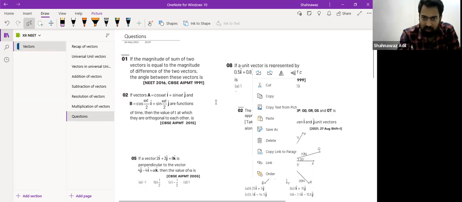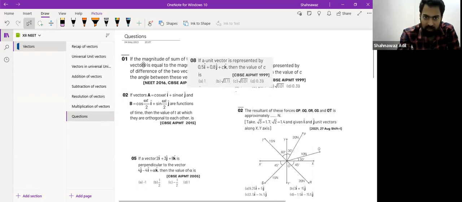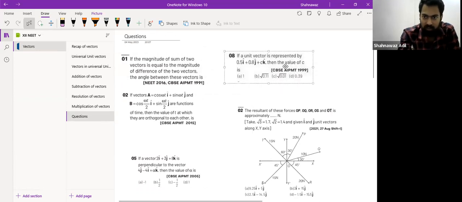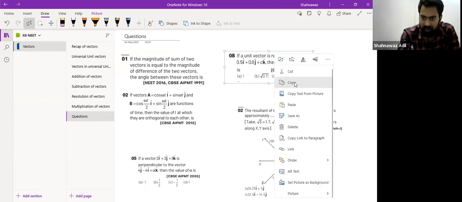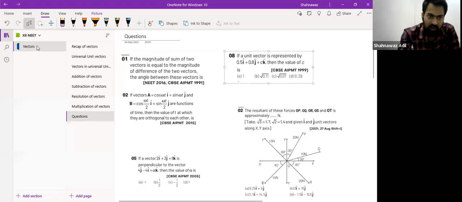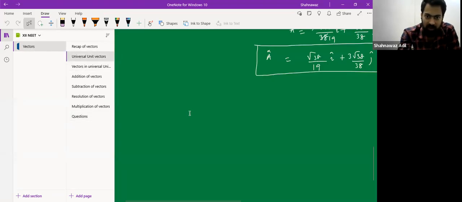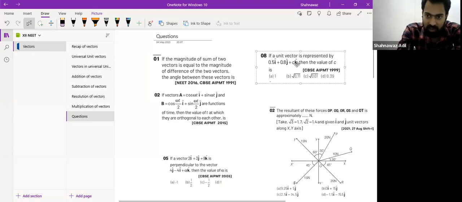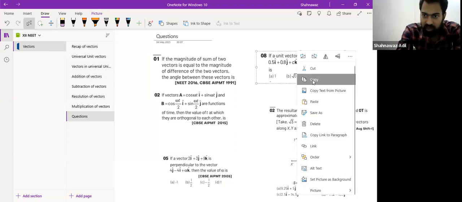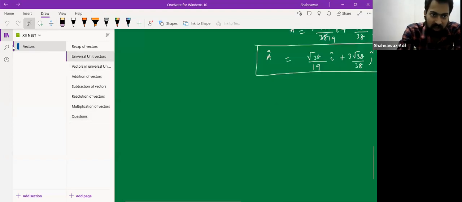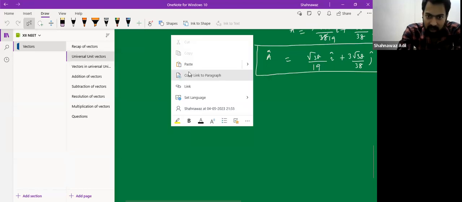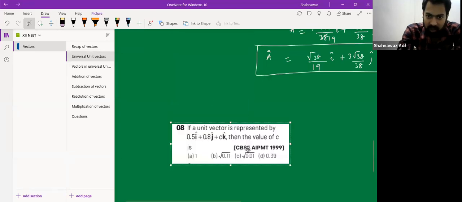Hmm. Why is it not copying? Okay, let me cut that part and then uh, so let me try one. Finally.